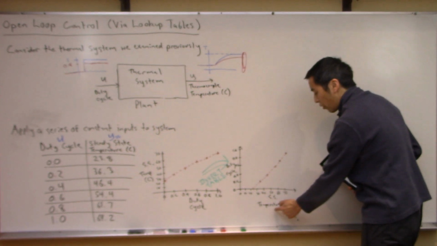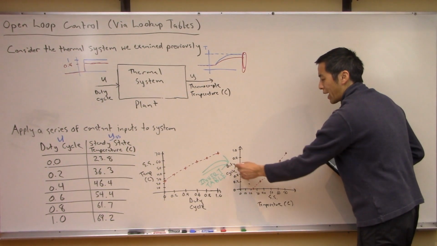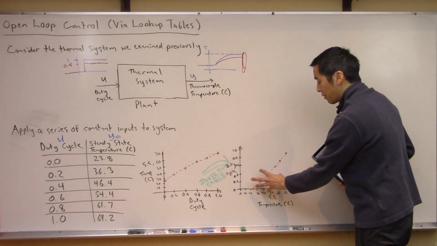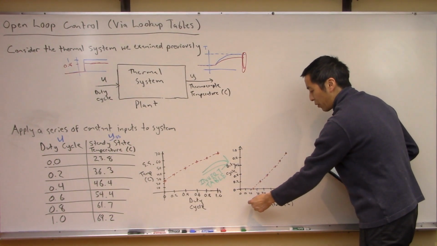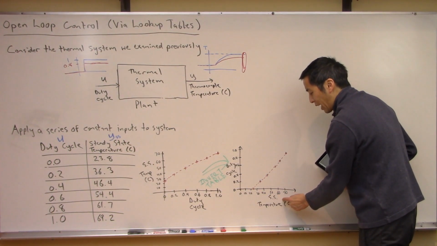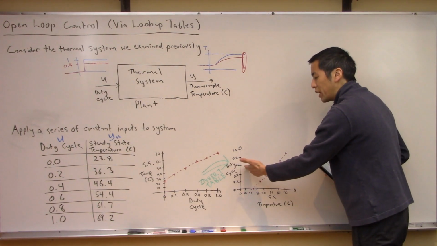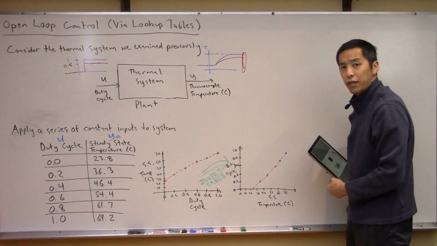Now on the x-axis you have the steady state temperature, and on the y-axis you have the duty cycle. It's the same information, but now I can put in a desired temperature, how hot I want to get, and read off what duty cycle I need to achieve this desired temperature.